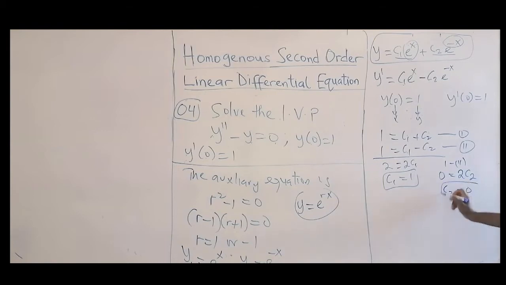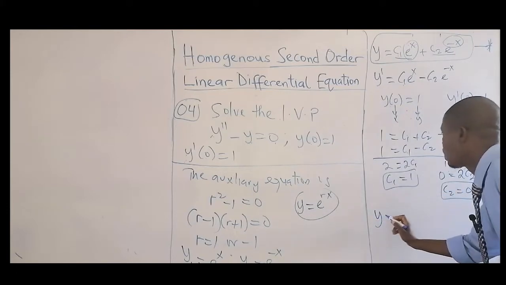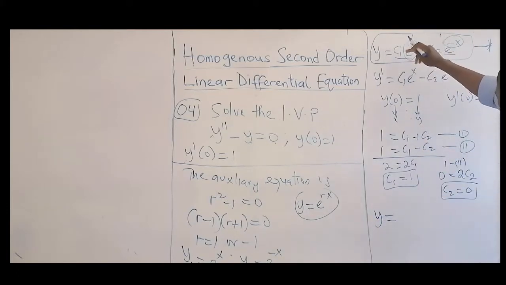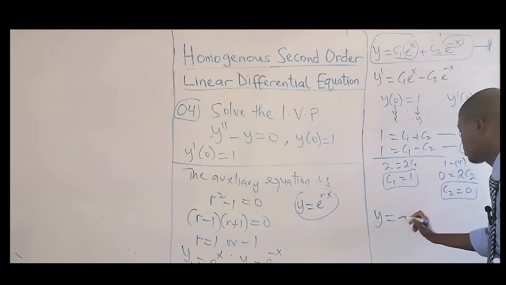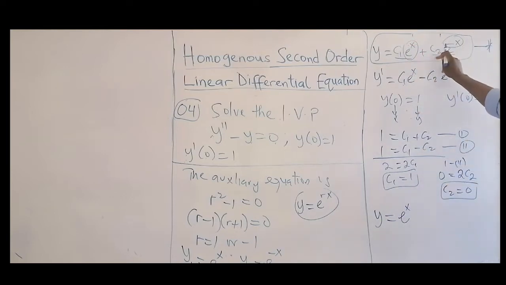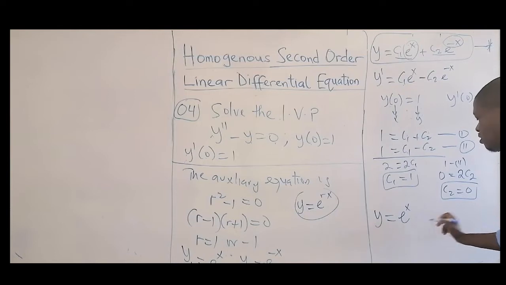So c2 is 0. Once we've gotten that, we come back to the general solution and plug in the values of c1 and c2. My c1 is 1, so that will be e^x. My c2 is 0, so 0 times this is gone.